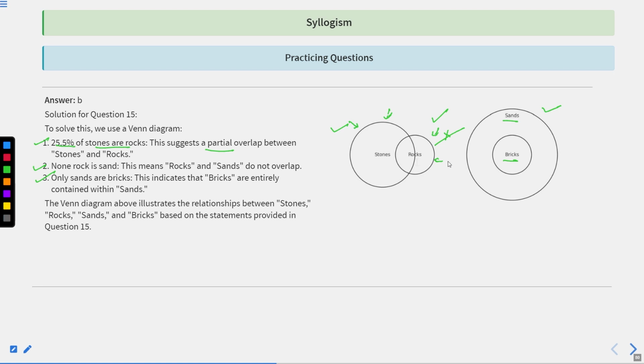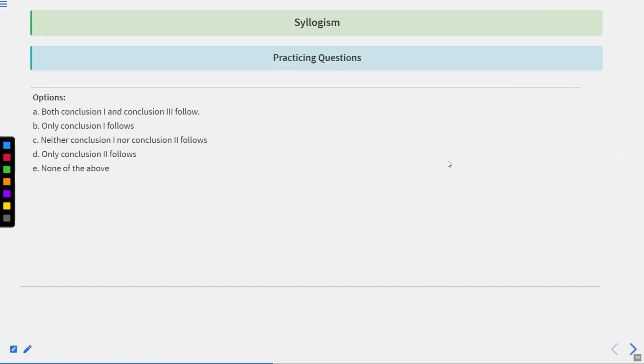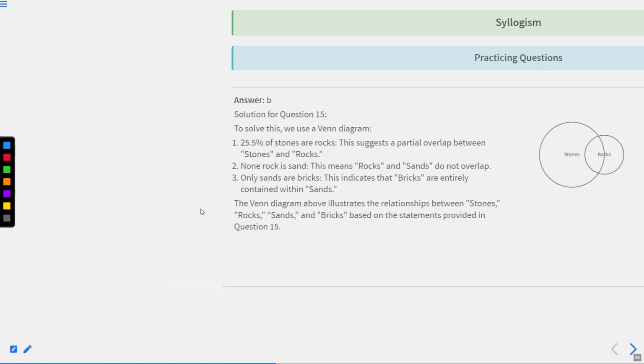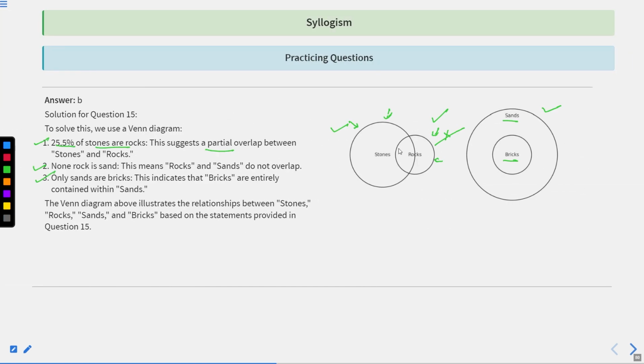Now, let's try to analyze and understand whether the statements and the conclusions follow each other or not. The first conclusion says that no rock is brick. This is rock and this is brick. Is there any relation between rock and brick?